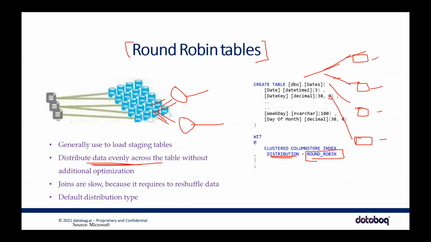So some INR fact data will be in this node, and some other fact sales will be here. Some data will be here, some data will be here. When I'm doing that join, it has to go to all these compute nodes. It has to fetch all the data based on the join condition, and then it has to display it to me on the screen, or retrieve the data.